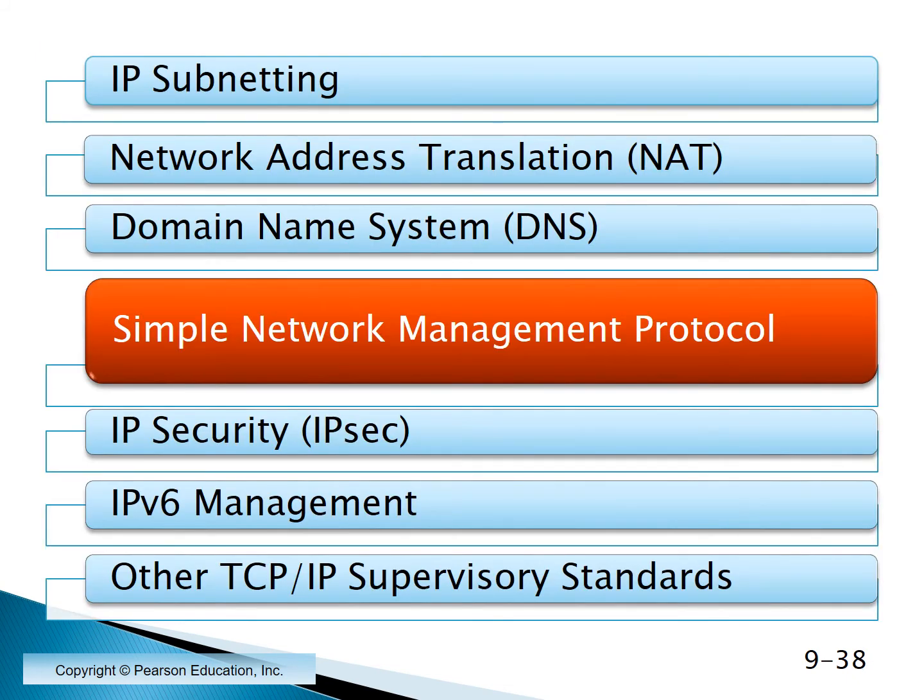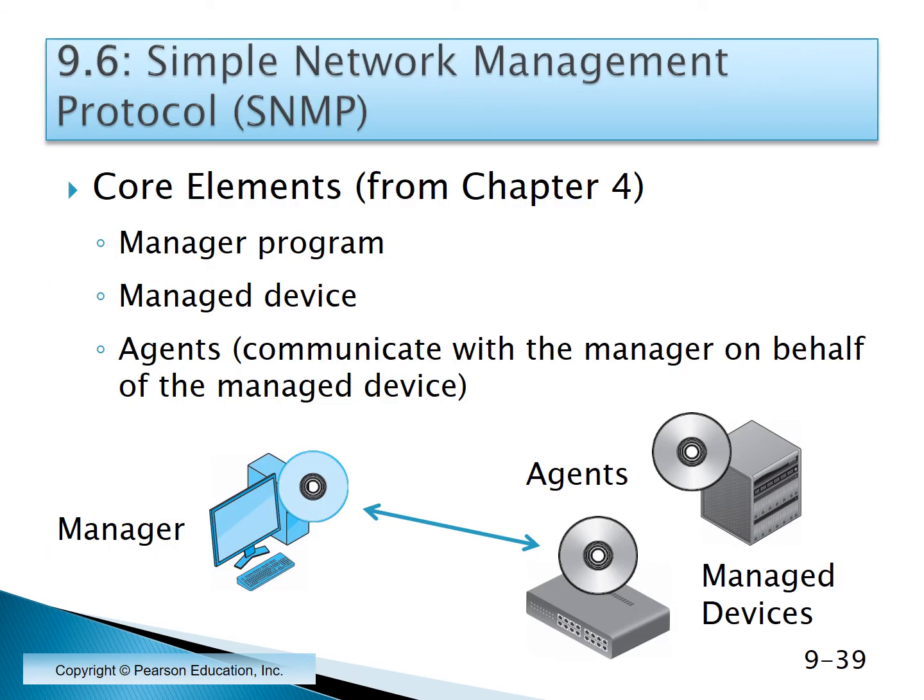So next we'll talk about the Simple Network Management Protocol. We have actually talked about the Simple Network Management Protocol, SNMP, from chapter 4. We know we have a manager program that can manage all the different devices, which are called the managed devices. And then you also have agents. These are software running on the managed devices that communicate with the manager on behalf of the managed device.